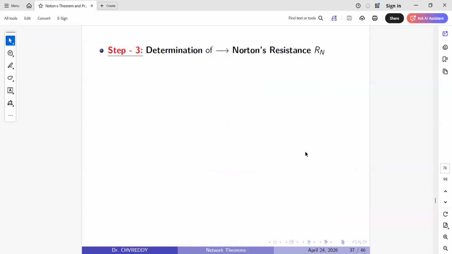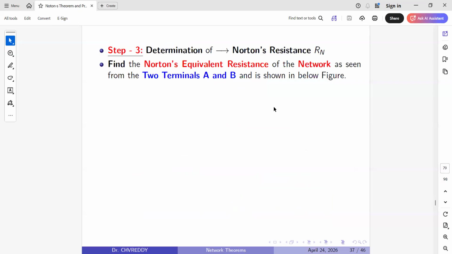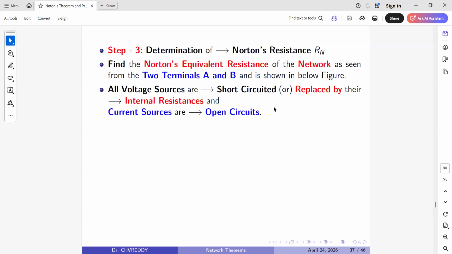So in step 3, we are going to determine the Norton's resistance. Here, the Norton's equivalent resistance of the network as seen from the terminals A and B. When you are calculating this Norton's equivalent resistance, if any voltage sources are there, we can make them a short circuit or replace them by their internal resistances.